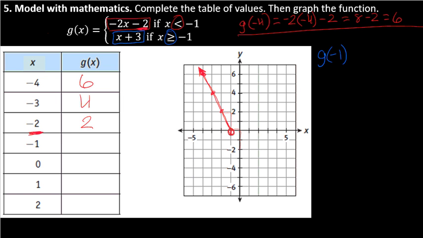That means we're using the blue rule now. So x plus 3. That's just going to give me that g of negative 1 is positive 2. And that's going to be right here. And we're going to use a closed circle because, again, this is greater than or equal to. So we are including x equals negative 1. So that's going to give me a 2.